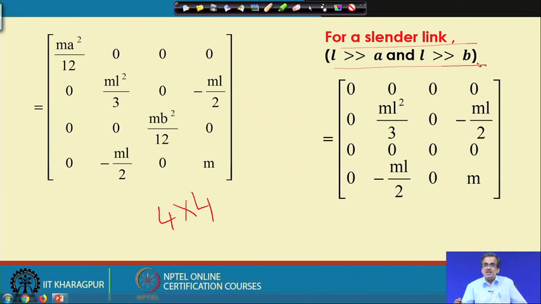The length of the link is very large. That means, if I consider the slender link, m a square by 12 will tend to 0, m b square by 12 will tend to 0, and I will be getting this particular matrix as the inertia tensor matrix for a slender link. So, this is the inertia tensor.